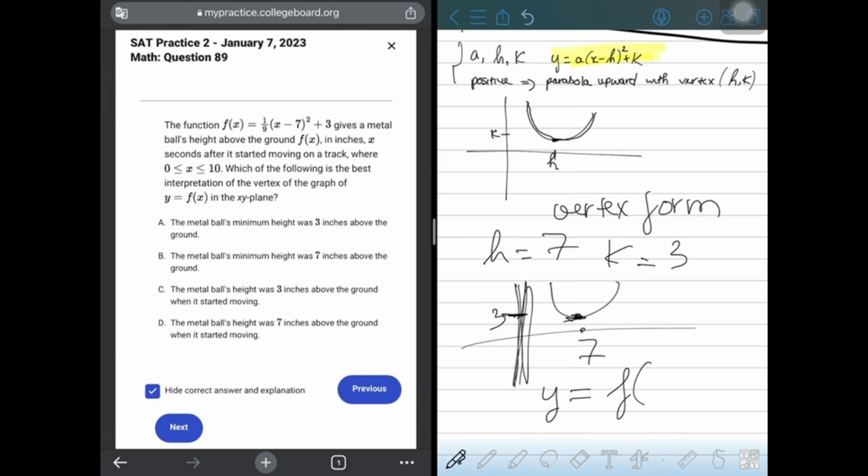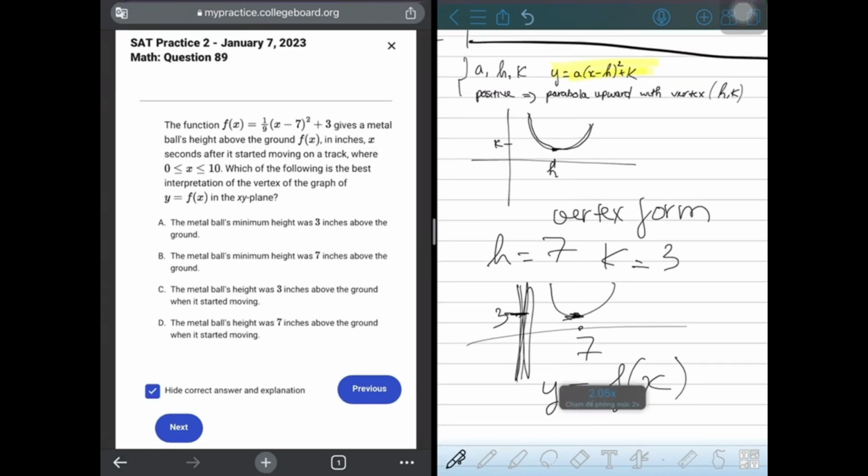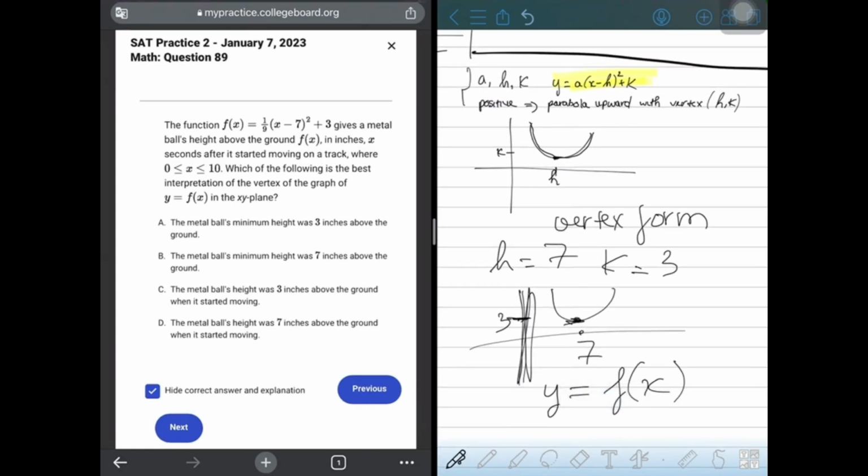But f(x), I said earlier, is the height of the ball above the road, so it must be A or B. B is incorrect because 7 is the time, how many seconds after starting. So it's not the height, it's the time. So the correct answer would be A.